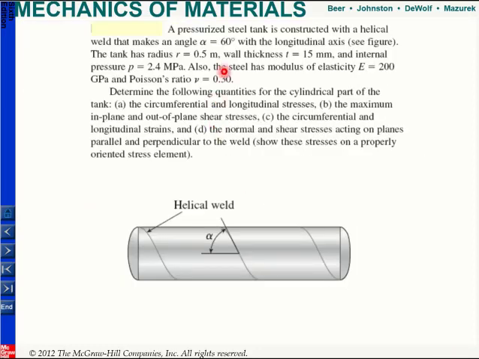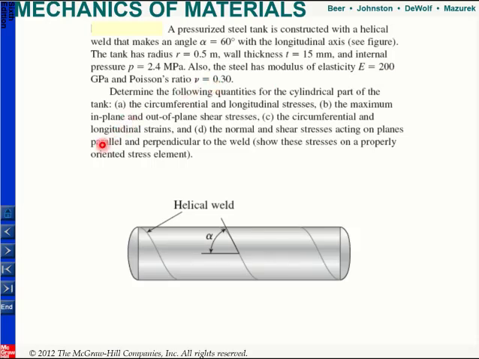Okay. So here we have a pressurized steel tank, and this steel tank is constructed with a helical weld. So you have these weld lines, and this angle alpha is given as 60 degrees. The radius is given as 0.5, the thickness is 50 millimeters, the pressure is 2.4, the modulus of elasticity is 200 gigapascals, and Poisson's ratio is 0.3.